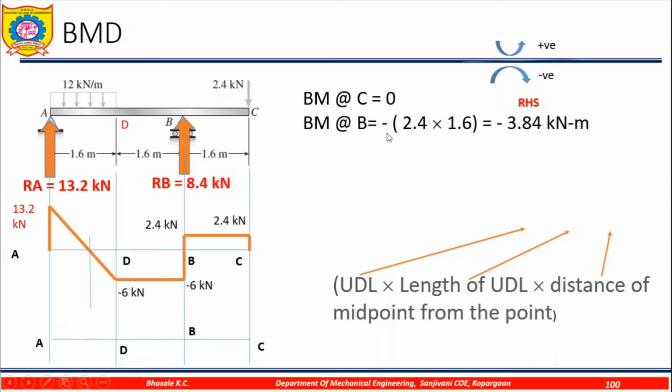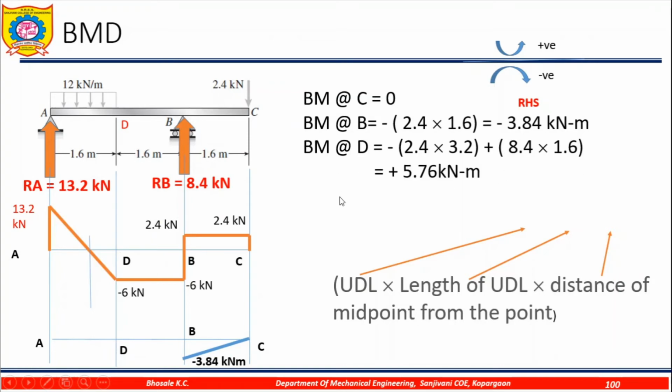Bending moment about B, going in the clockwise direction, is minus 2.4 into 1.6, which is minus 3.84 kilonewton meter. Bending moment about point D: 2.4 with distance 3.2, and 8.4, and the distance between B and D is 1.6. It comes as plus 5.76 kilonewton meter.